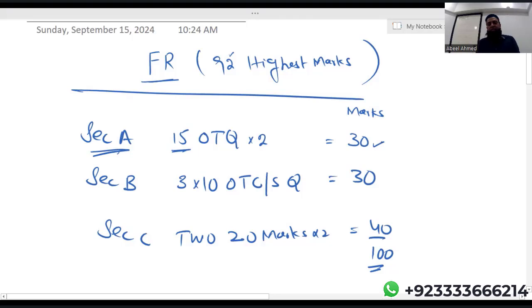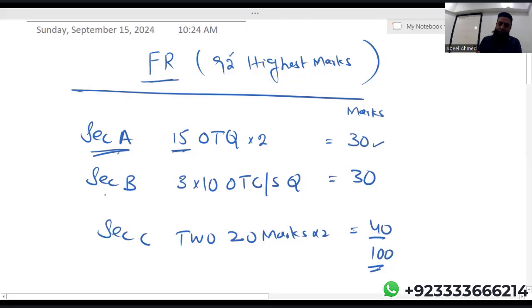And in section A, a question can come from any area of the syllabus. So you are not supposed to skip any area while studying, of course, any paper of ACCA. And we will also discuss the common reasons for the failure of this paper.